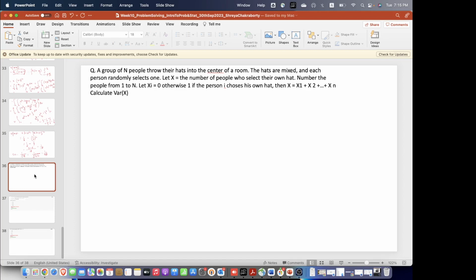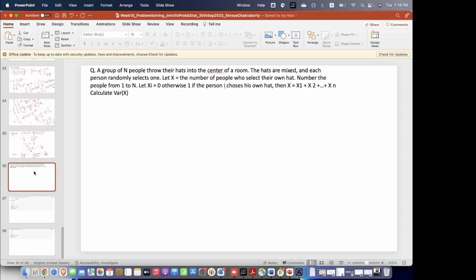So here we have a group of n people who throw their hats into the center of a room. The hats are mixed and each person randomly selects one. Let x equal the number of people who select their own hat.